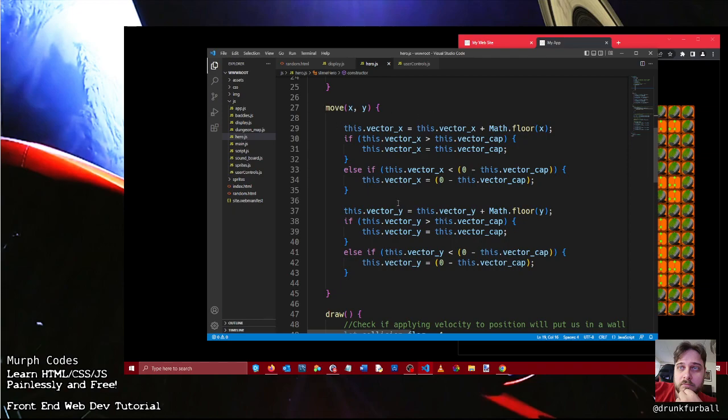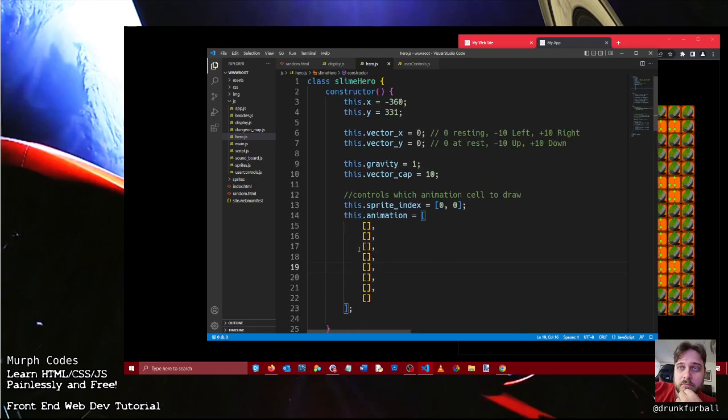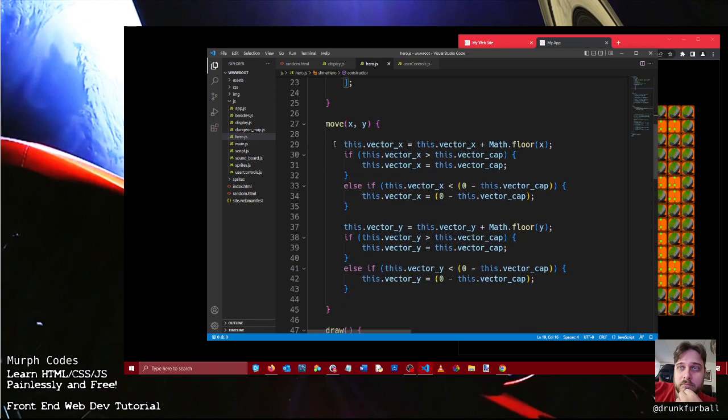In the movement method of our Slime Hero class, here's how we're handling things.